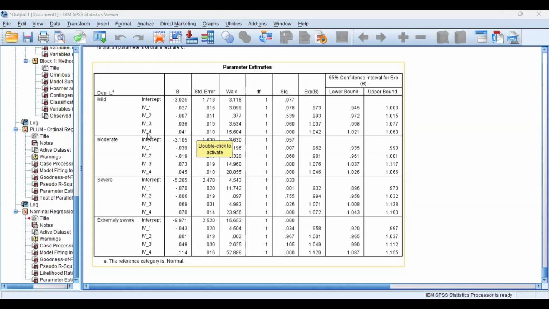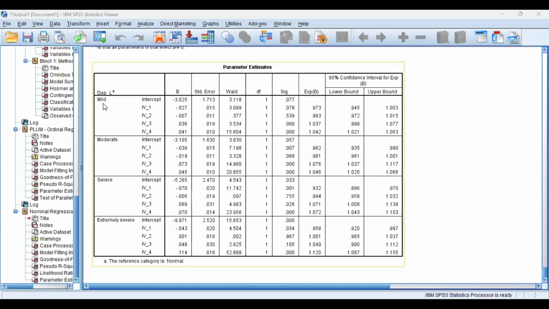It means that higher levels of IV4 can significantly increase the odds of having mild depression compared to normal depression. That means that it's a pathological variable. If this variable is higher, there is a higher possibility that the participant will have mild depression and not a normal level of depression.